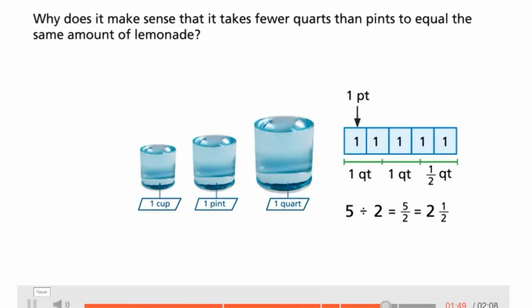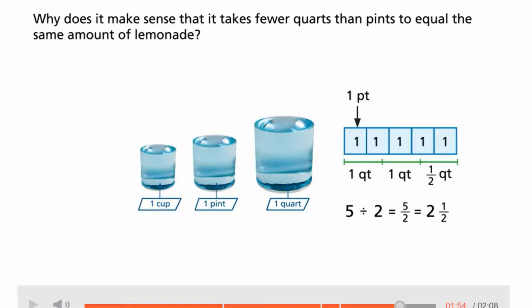Why does it make sense that it takes fewer quarts than pints to equal the same amount of lemonade? So here, go back and think about those unit conversions. Why is it fewer quarts than pints? Well, pints are a smaller unit of measure, and quarts are a larger unit of measure. So there are 2 pints in each quart.